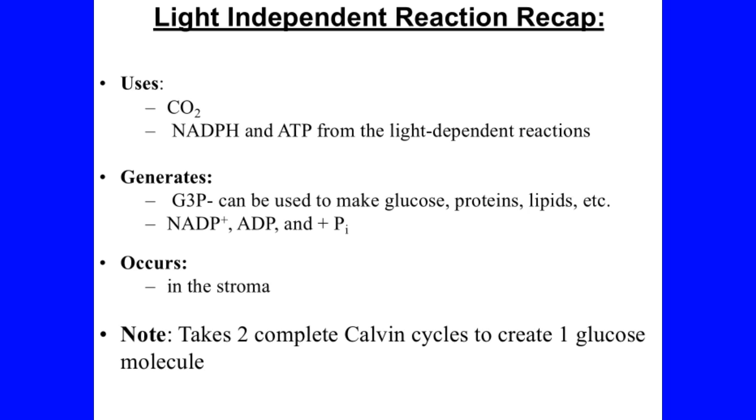It also generates NAD+, ADP, and free inorganic phosphate groups right here. It occurs in the stroma, which is all that liquid-like fluid inside of the chloroplast. And once again, I'm pointing this out because it's important and you are going to have to know it for the exam. It does take 2 complete Calvin cycles to create one glucose molecule itself.